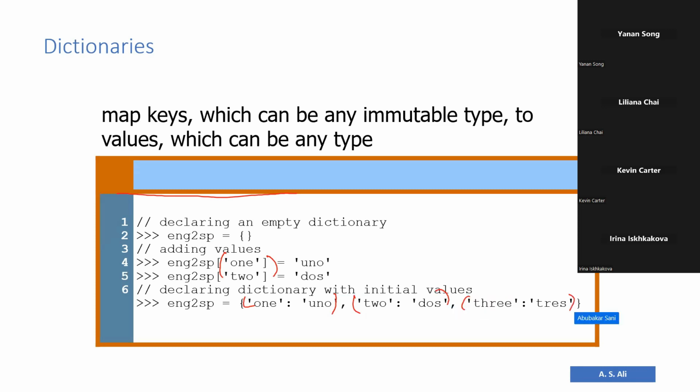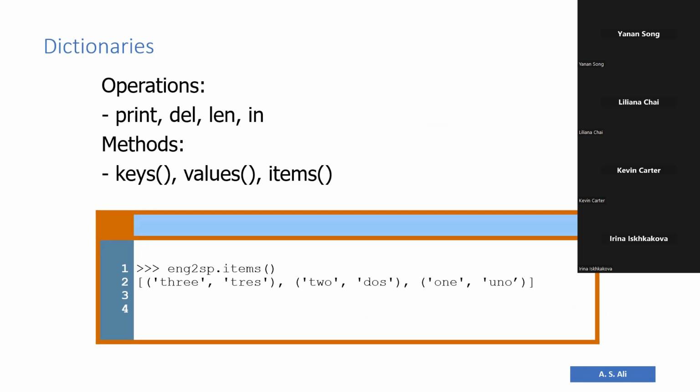So we have 3 pairs, and that's what you see here. English to Spanish dot items will give you a list of the key value pairs. Why did I say a list? Square brackets. It's a list, and this list has three items because the dictionary has three key value pairs.